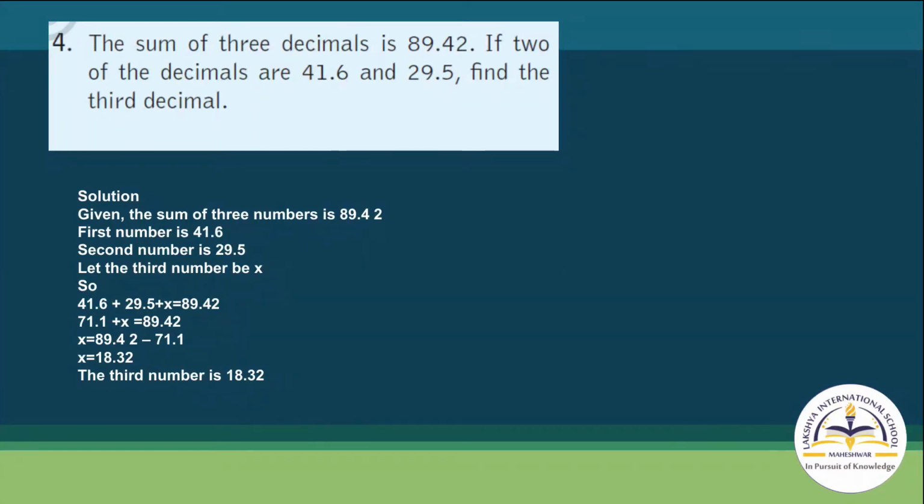So we can write this sum of 3 decimals as 41.6 plus 29.5 plus x, letting the third value be x, equals 89.42. When you add 41.6 plus 29.5, you will get 71.1 plus x equals 89.42. So x equals 89.42 minus 71.1. So the value of x is 18.32. This will be your answer.